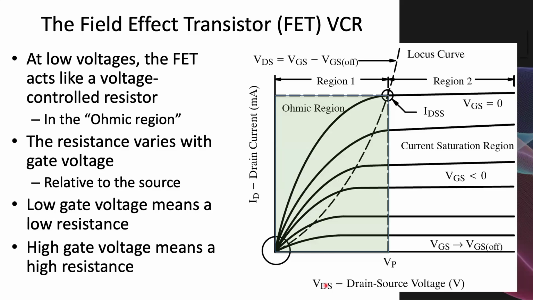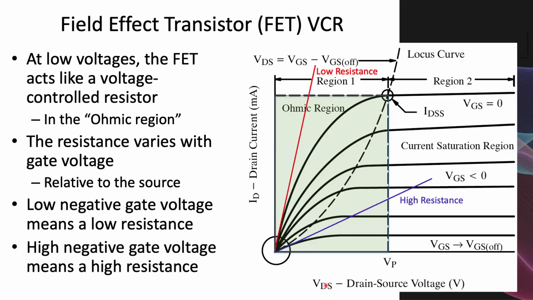A low gate voltage means a low resistance in the FET, and a high voltage means a high resistance. Obviously, by varying the voltage, you can vary the resistance fairly easily, and it works surprisingly well.